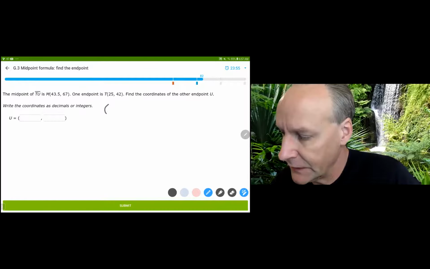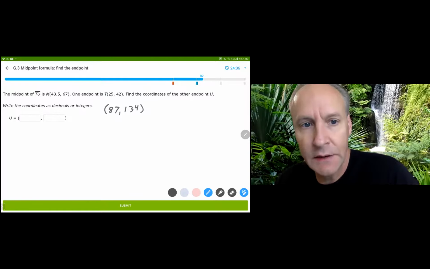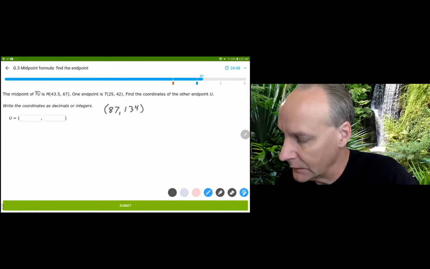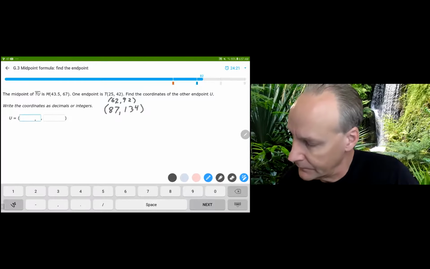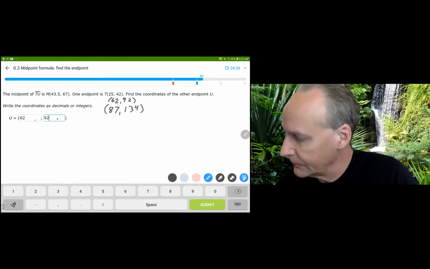Double my midpoint is 87, 134. And I am going to need to add 62, and for this one, I'm going to need 92. Looks like it's 62, 92. If I didn't make any errors, I don't think I did.